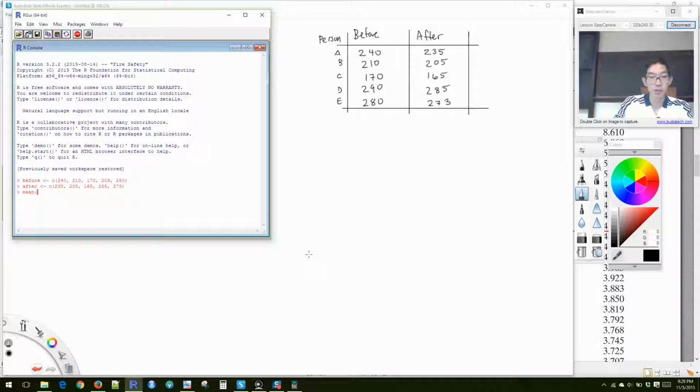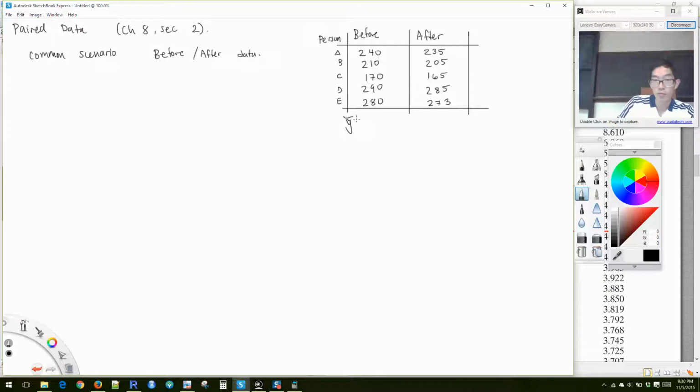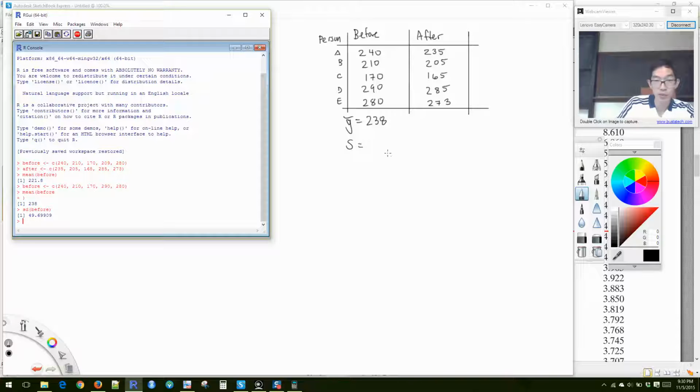So I can get the mean before. Did I put 209? Oh, instead of 290? Oh yeah, that's going to make a difference. Is my after correct? 235, 205, 165, 285, 273. Okay, so the mean before weight is 238, and the standard deviation of the before weights is 49.7.